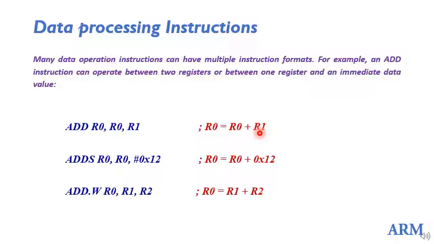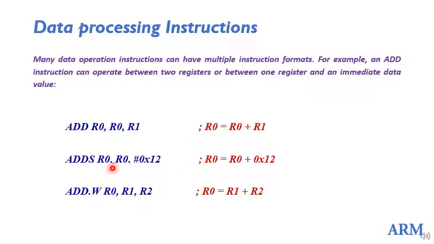Then you can see a little variation in the previous instruction, say ADDS r0, r0, #0x12 or #12. This means the second operand here is immediate data. As I've already explained, the immediate data always should be preceded by a hash symbol. So here the instruction is accounting for r0 equal to r0 plus 12.